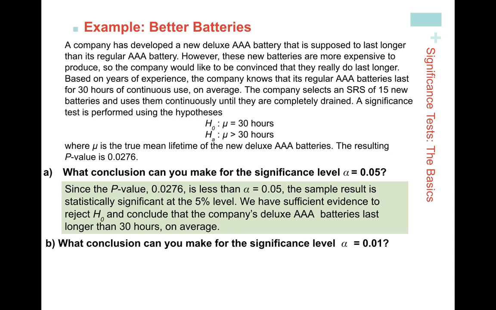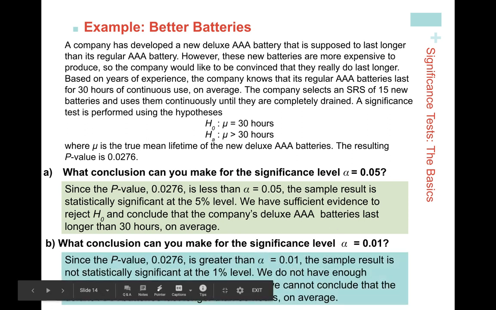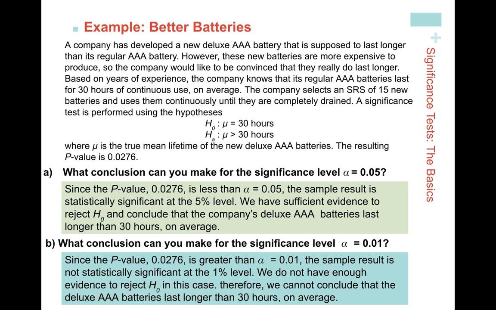This does not provide evidence that the true mean lifetime of the new deluxe AAA batteries is greater than 30 hours. This is a better way to state it: we do not have enough evidence, or we cannot conclude, that the new deluxe AAA batteries last longer than 30 hours.